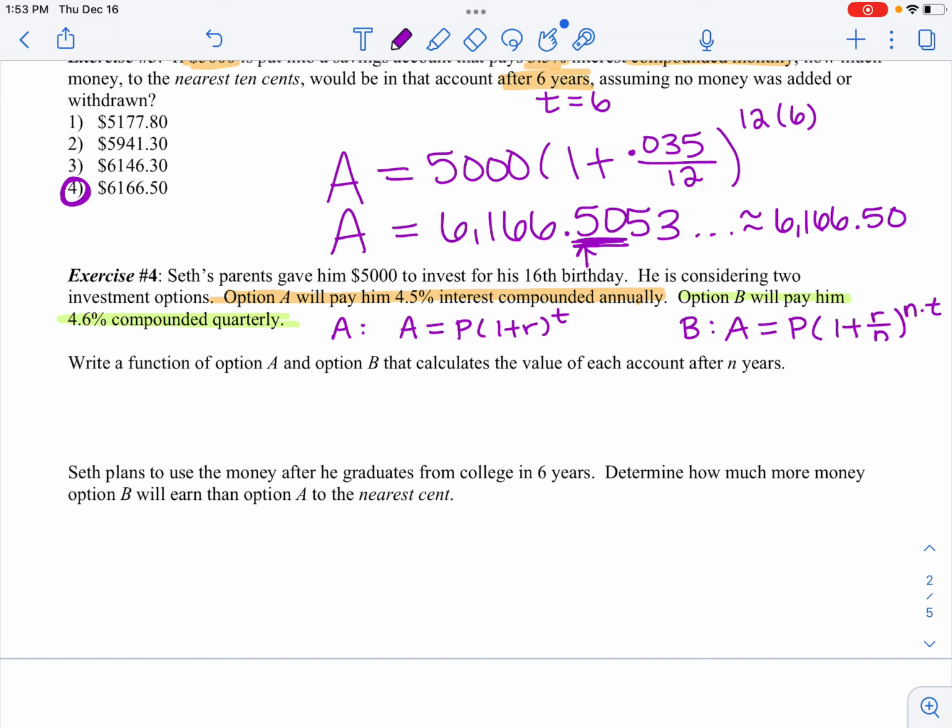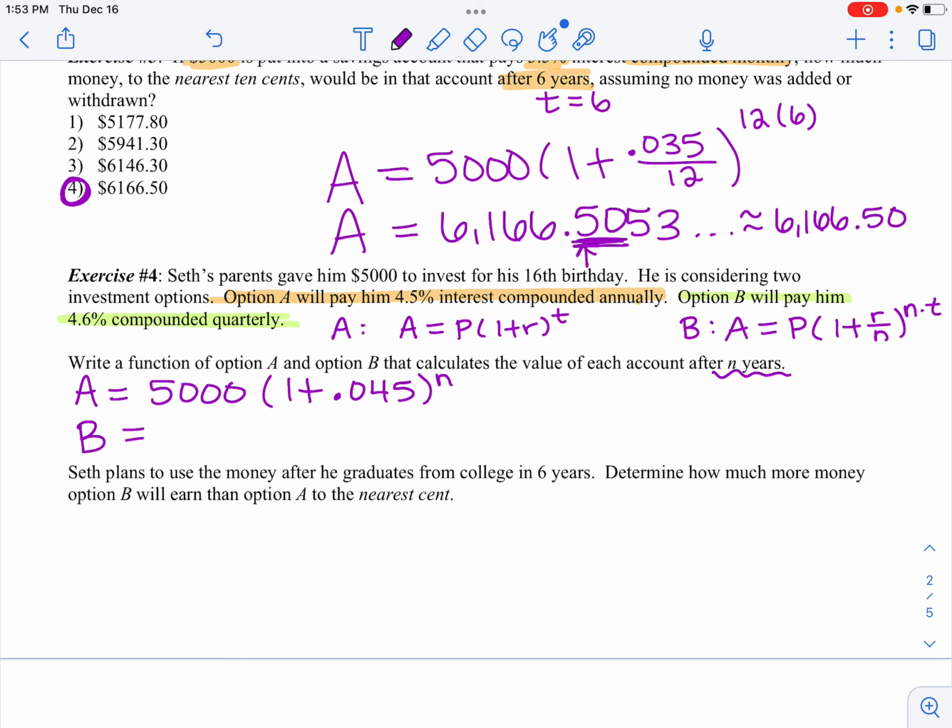In both of these options, we are investing 5,000. So let's say for A, it would be A is equal to 5,000 times 1 plus our interest rate, which is 0.045, and they want us to use n for the time, so we'll use n instead of t.